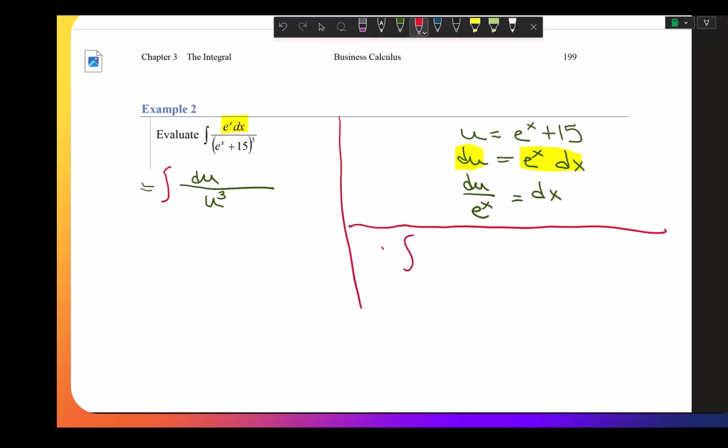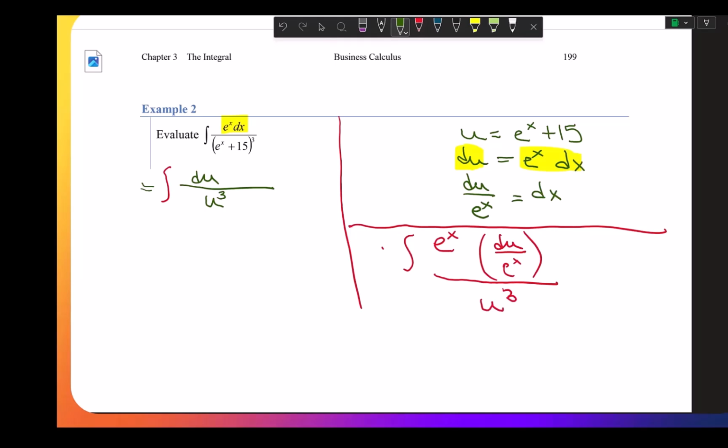I have the integral of e to the x times dx, and dx is equal to du divided by e to the x. That whole thing is divided by e to the x plus 15 to the 3rd power, but e to the x plus 15 we already said is u.